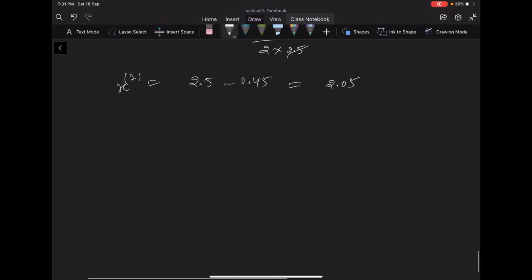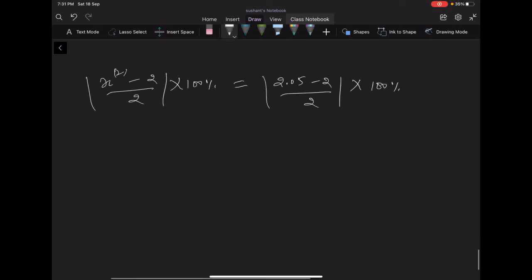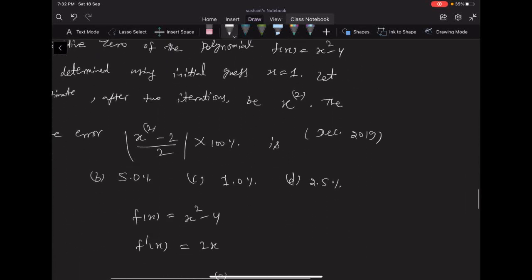Now the required thing is |x2 minus 2| upon 2 into 100%. Now x2 is 2.05, so |2.05 minus 2| upon 2 into 100%. This is 0.05 upon 2 into 100%, 5 upon 2 %, which is equal to 2.5%. So the correct option is D option.